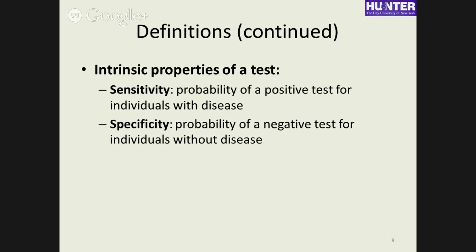So in that first example, where if you have cancer, you have 100% chance of getting a yes, that meant 100% sensitivity. But the key information that I didn't give you was specificity, which is, if you get a negative, what is the probability of a negative test for people who do not have the disease? So in that case, if you give that same test to people who do not have cancer, and it always says they have cancer, then that is 0% specificity and it's a useless test.